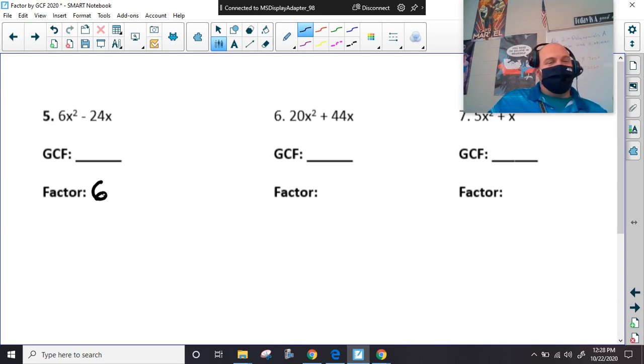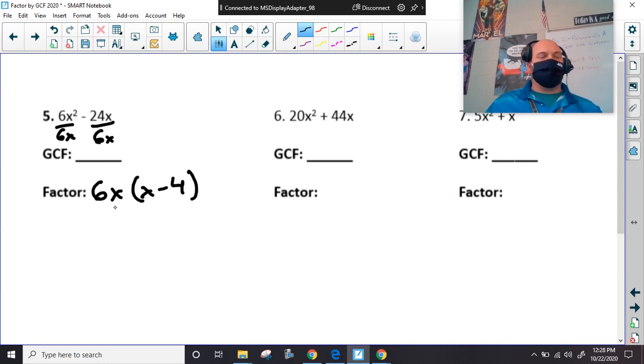So our GCF is going to be 6 and it's going to be an x. So the 6's cancel. I'm left with just an x here minus 4. That's where a lot of people were getting the 4 a while ago.